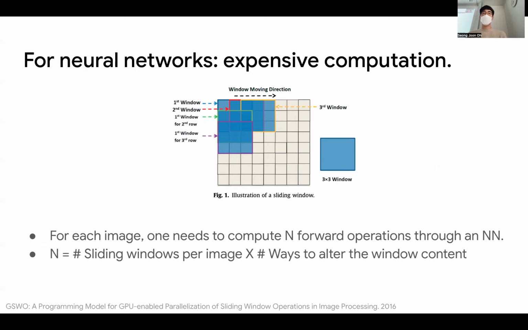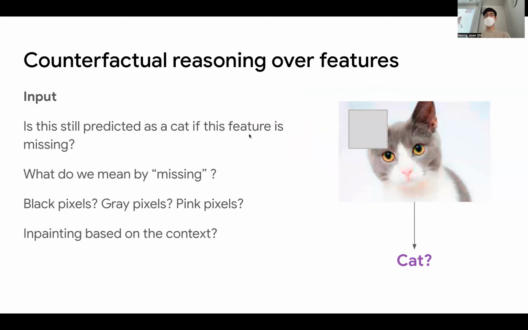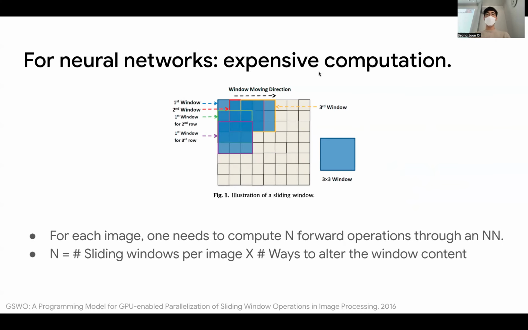For neural networks, what you can do is this kind of reasoning for every pixel in the image or every sliding window of the image, right? By running your sliding window of missing pixels from left to right and then from top to bottom. But that's going to take a super huge amount of time.